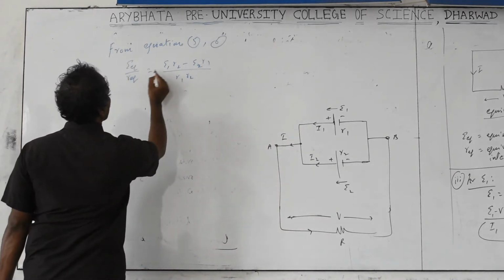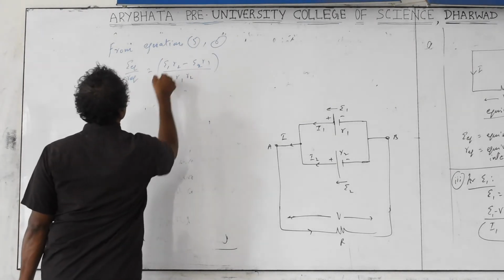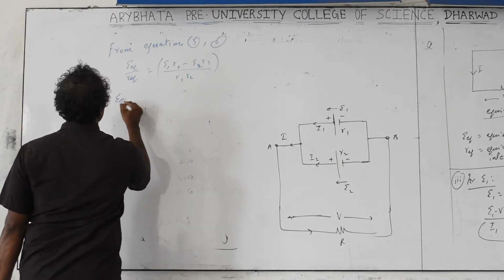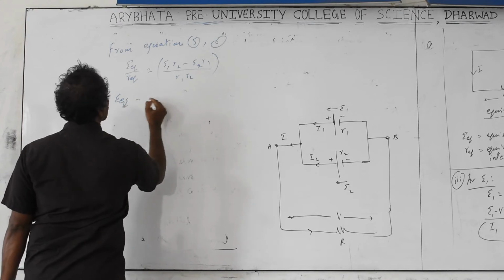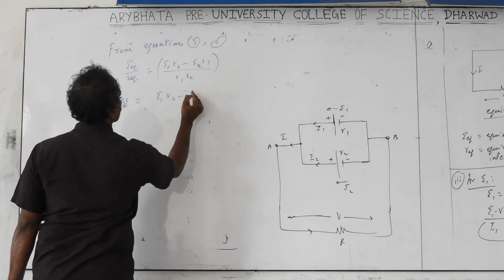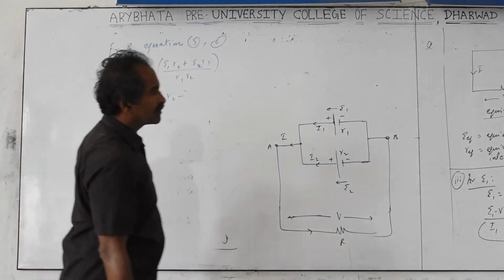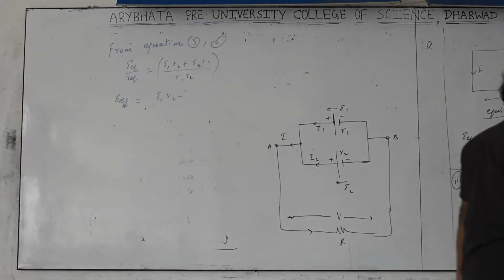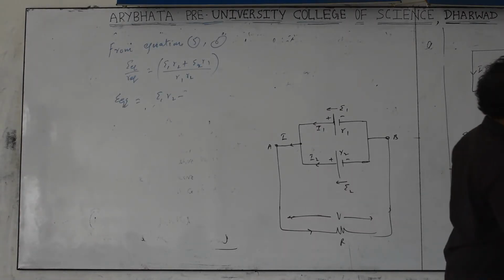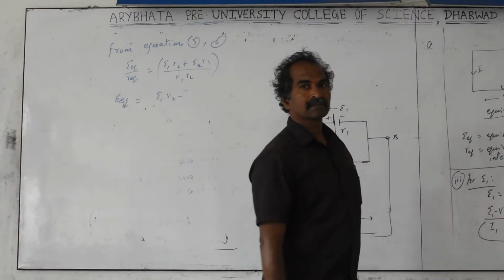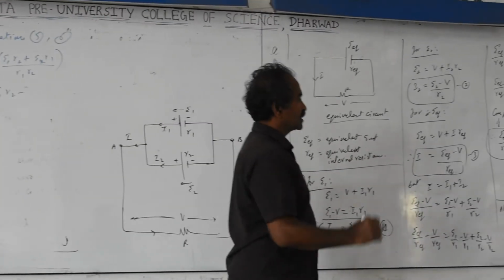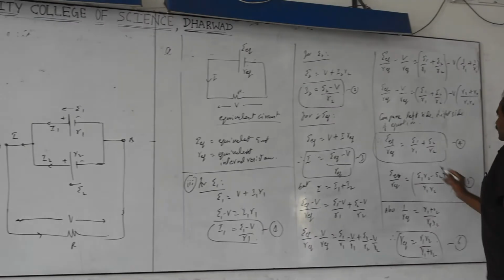This E equivalent is equated to R equivalent on the right side. Therefore, E equivalent is equal to E1 R2 minus, no, it is a plus. This part is the LCM, this is a plus.